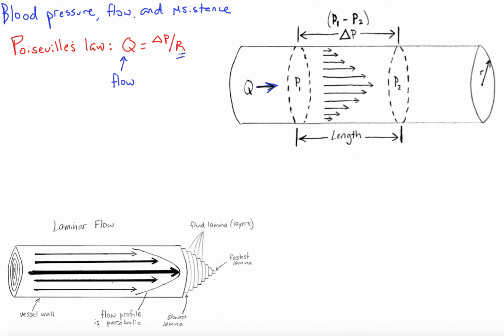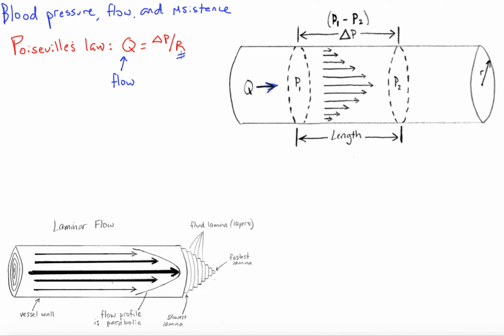Resistance, on the other hand, is on the bottom of this fraction, which means that resistance and flow are inversely proportional. So let's leave pressure alone for a moment. Let's say pressure is normal. If resistance goes up, then flow would actually go down. That's what's known as an inverse relationship.